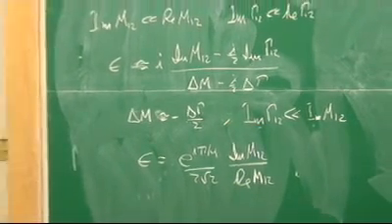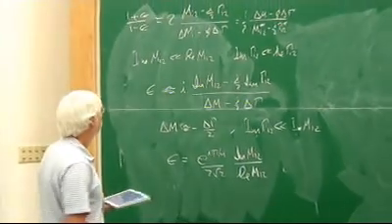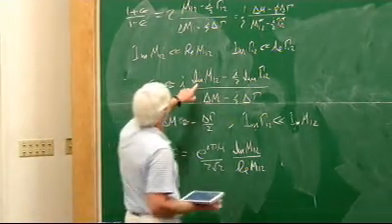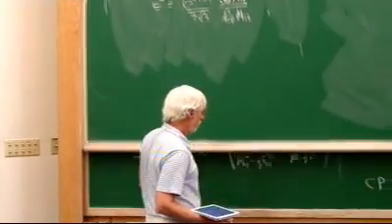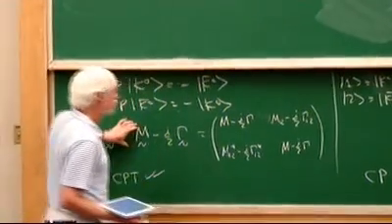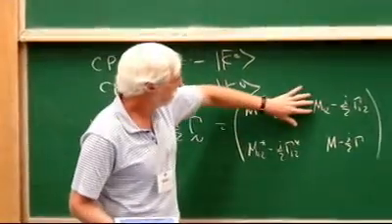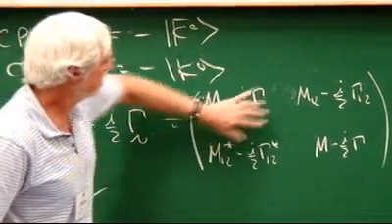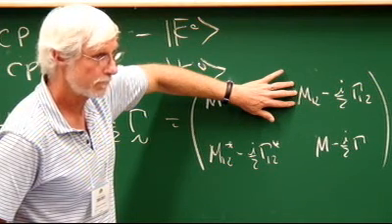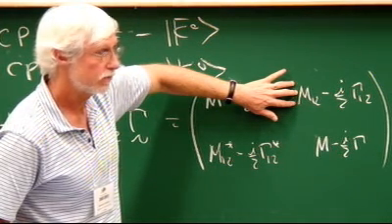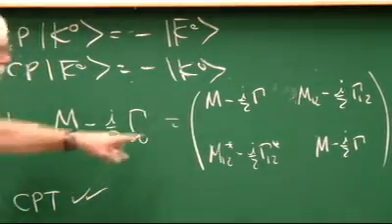Where does the imaginary part of M12 come from? I thought that M was real. So M is a Hermitian matrix, but it's not real. But it's real if CP is a good symmetry. The M part of the matrix is just the propagation part, and gamma is the imaginary part.